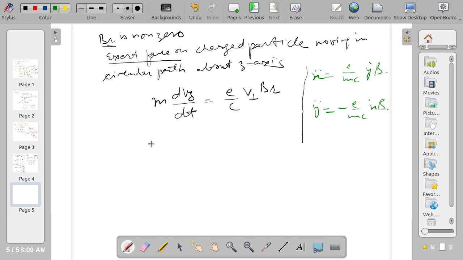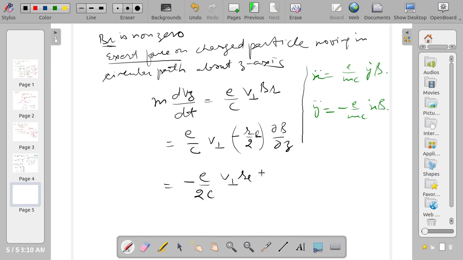So from here, it is e by c, and this V_r can be written as minus r by 2. So it is the Larmor radius, so r is equivalent to the Larmor radius, so it can be written as R_L ∂B/∂z. So it is minus e by 2c R_L ∂B/∂z.